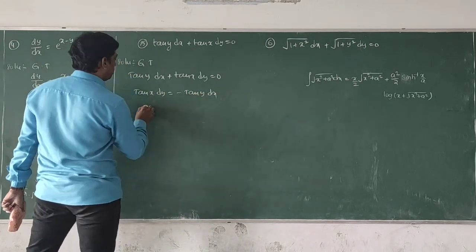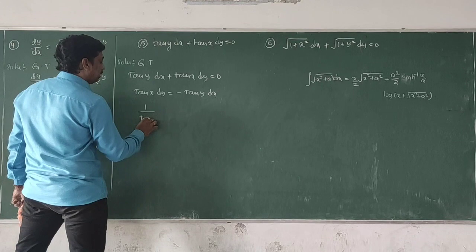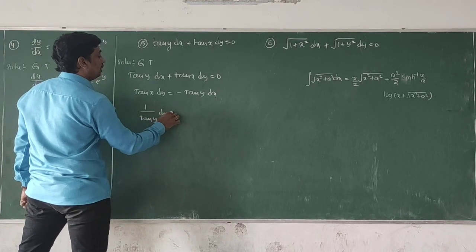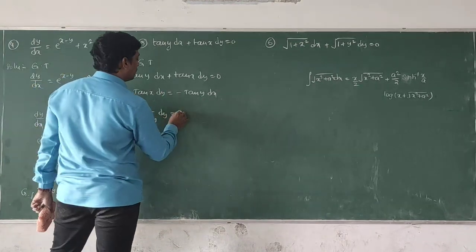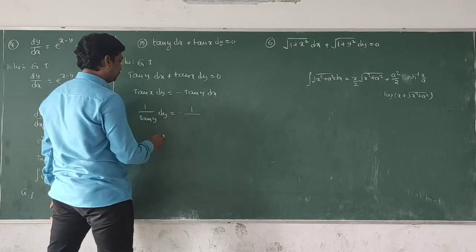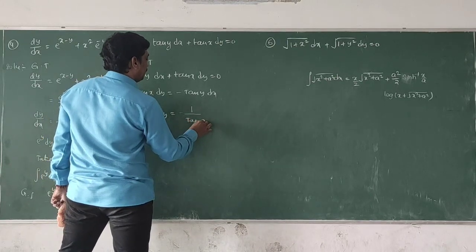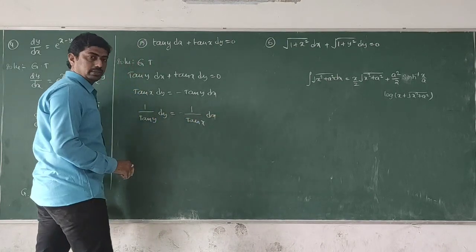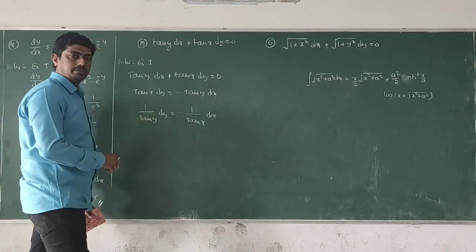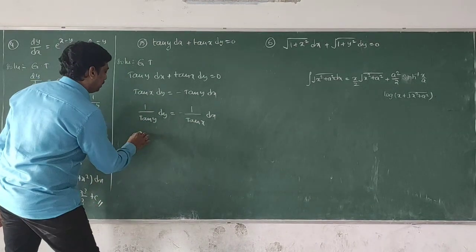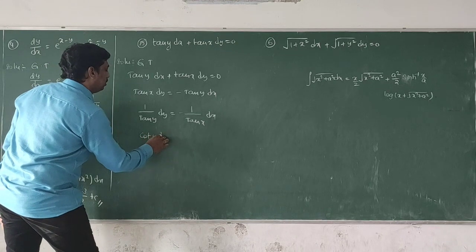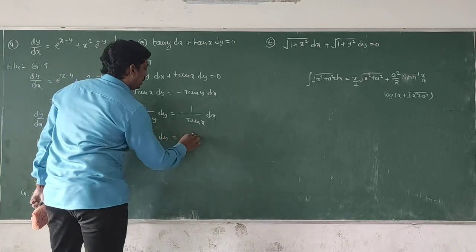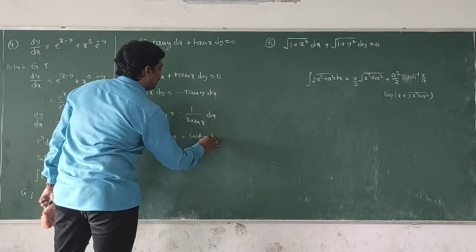Product term taken to the opposite side, 1 by tan y into dy equals minus 1 by tan x into dx. 1 by tan theta, very good, is cot theta. That means cot y into dy equals minus cot x into dx.